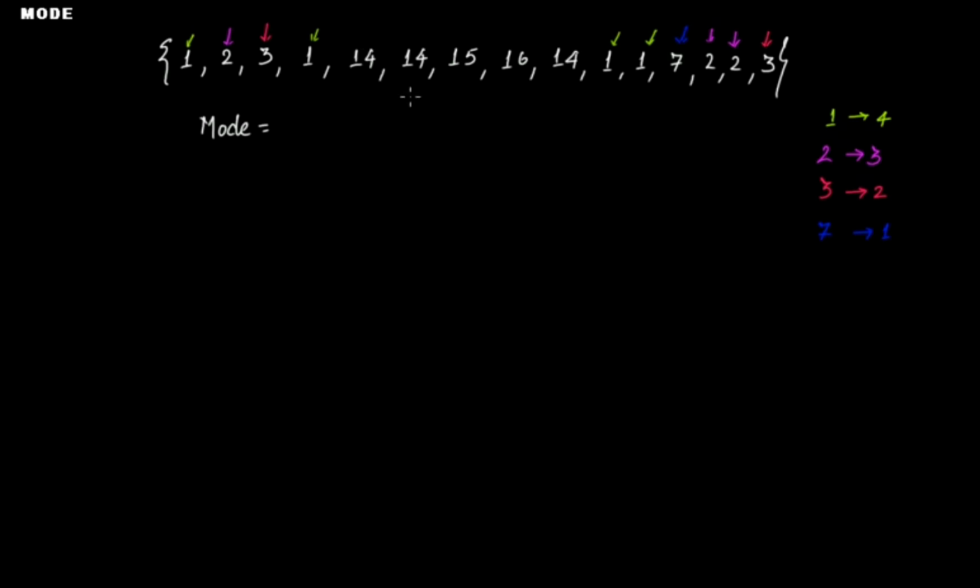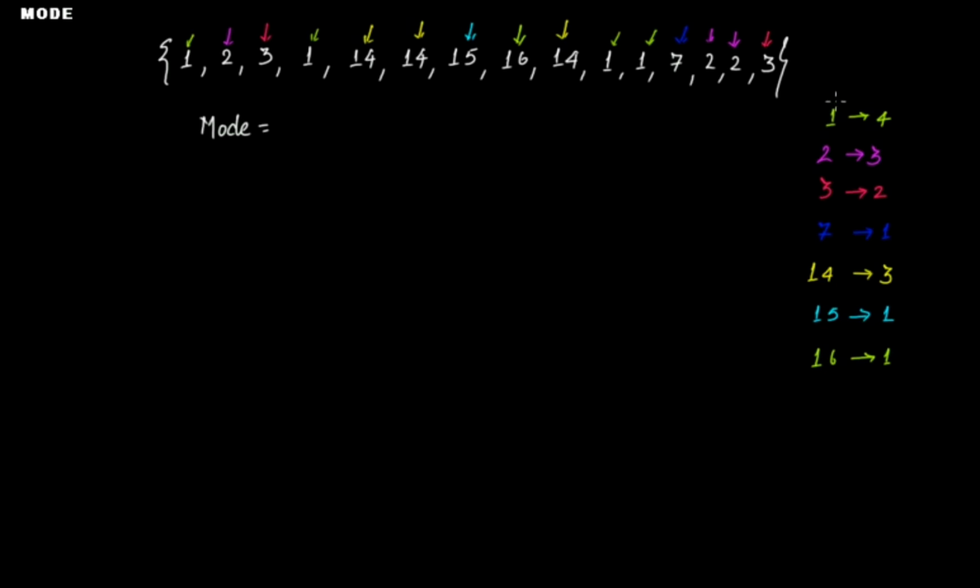Then you have 14, 14, and 14. So 14 is occurring 3 times. Then you have 15. So 15 is occurring 1 time. And then you have 16, and 16 is occurring only 1 time.